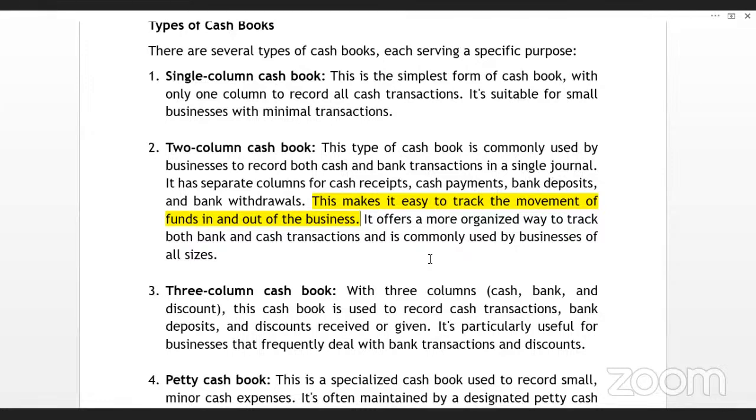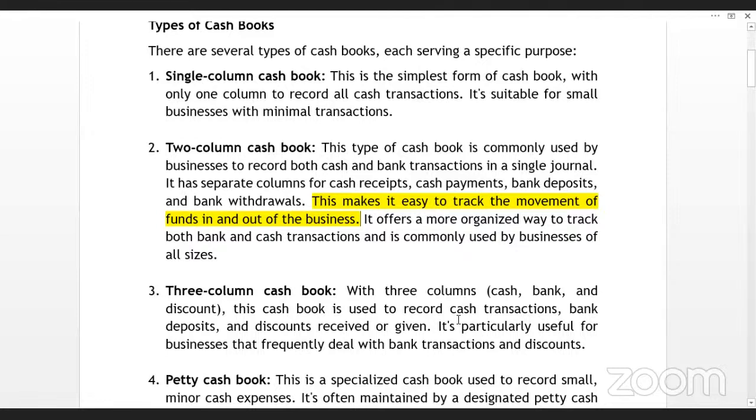I've seen your message here on YouTube that it just includes a discount column and the rest are like a two-column cash book. So we have three different columns that we use to record the amounts. It's particularly useful for businesses that frequently deal with bank transactions, cash transactions, and discounts.